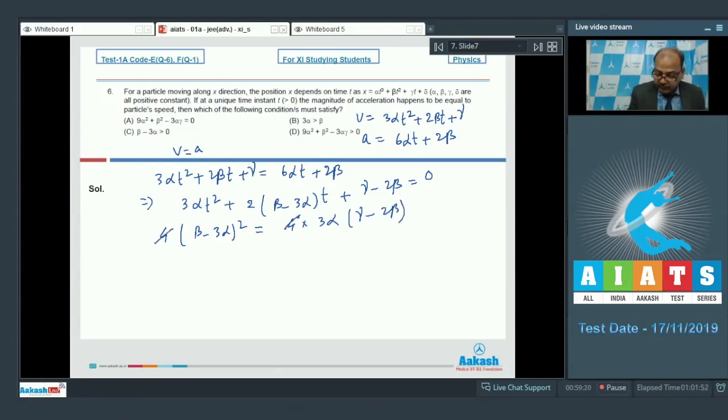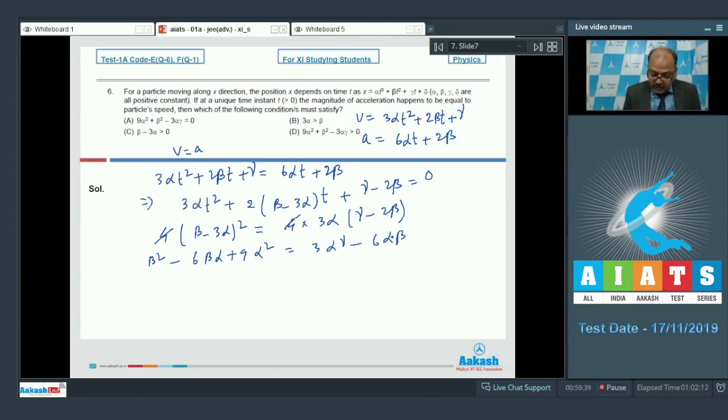Let's simplify. We get beta squared minus 6 beta alpha plus 9 alpha squared is equal to 3 alpha gamma minus 6 alpha beta.